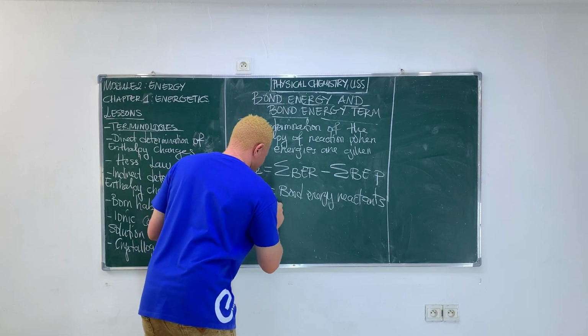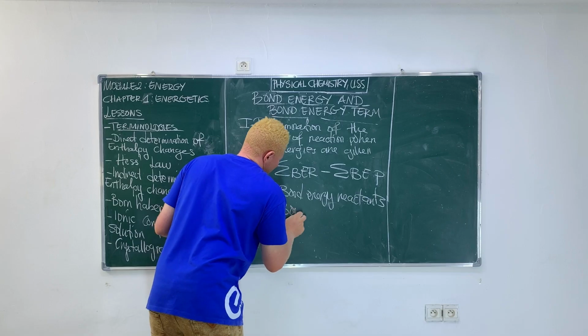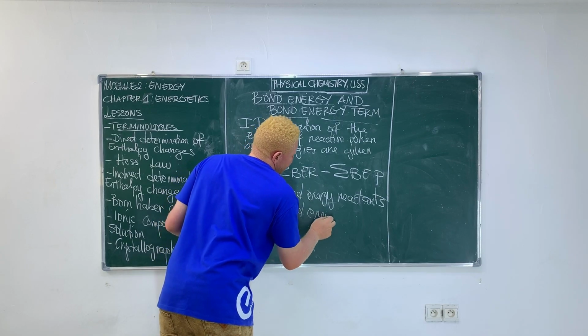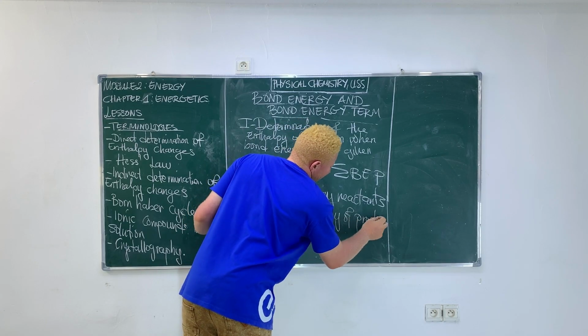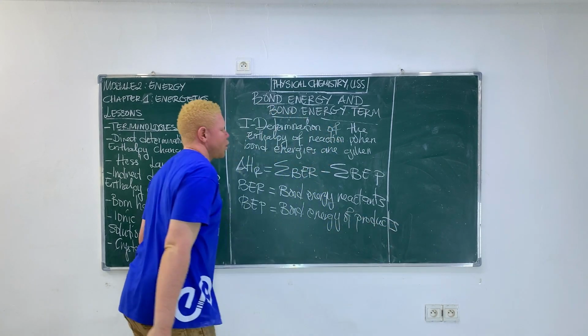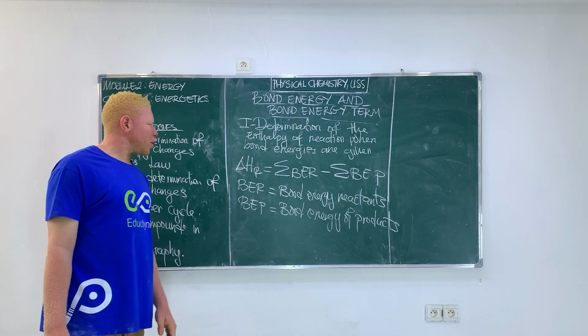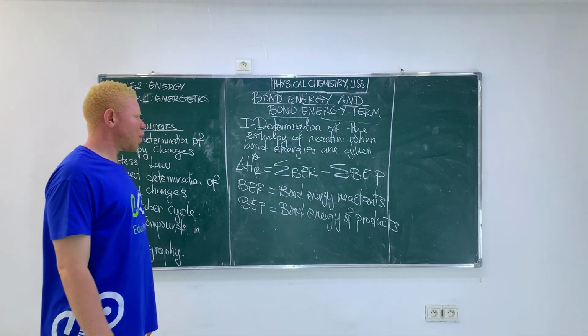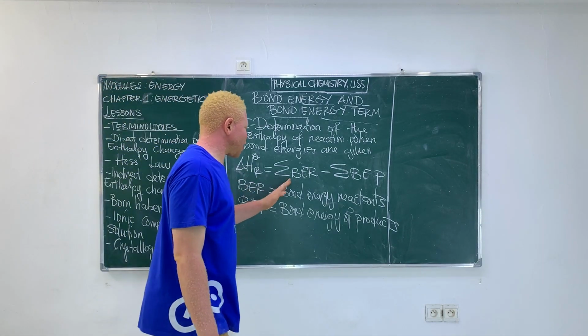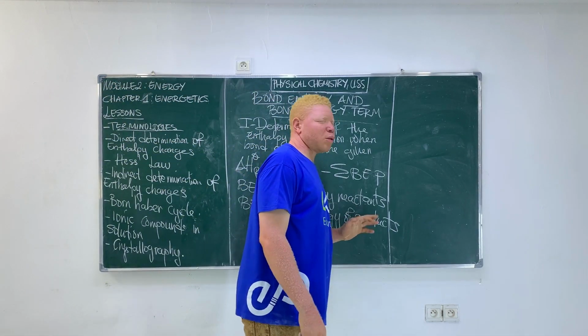BP means bond energy of products. The enthalpy of reaction equals summation bond energy of reactants minus summation bond energy of the products.